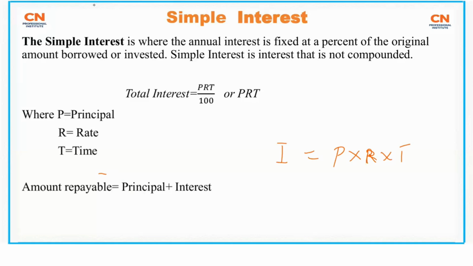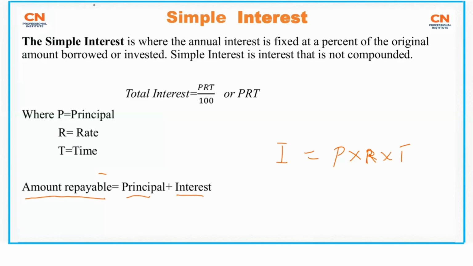You can equally be given the time together with other elements and be asked to calculate something like the rate. So you can be asked to calculate any of them, not only interest. Sometimes you can be asked to calculate the principal, the rate, or the time, and it's all about change of subject.